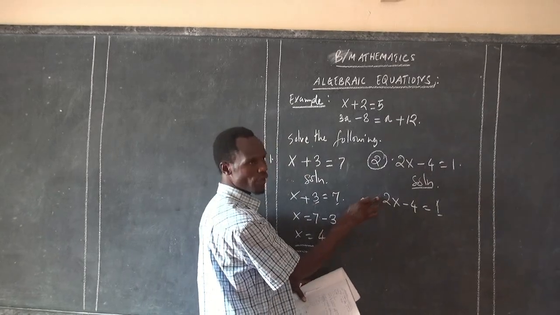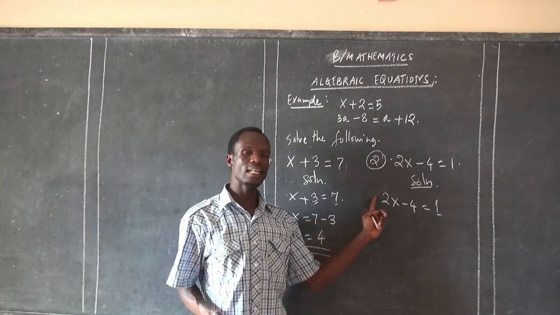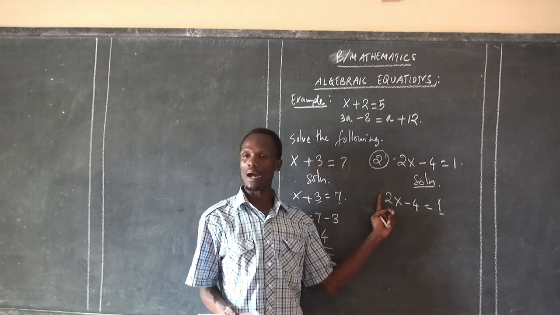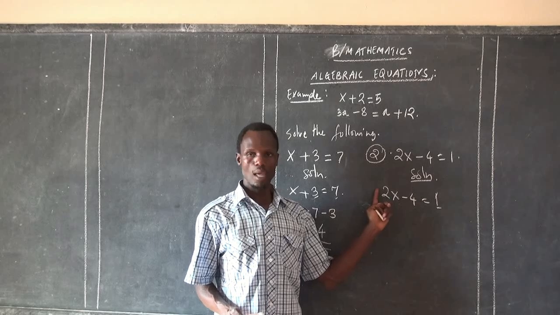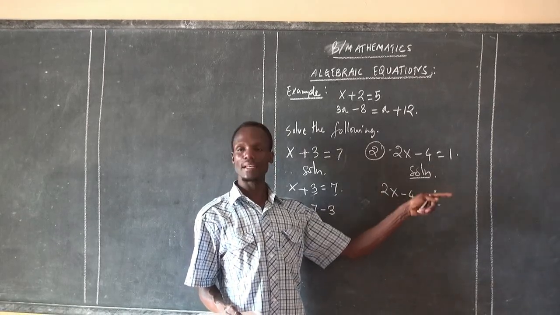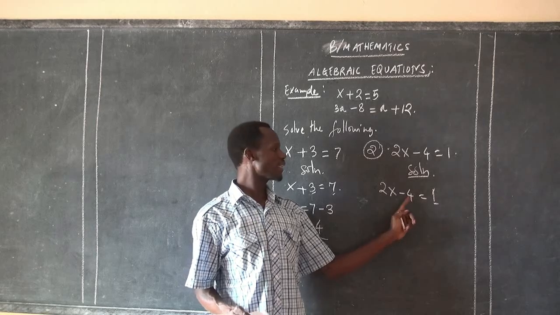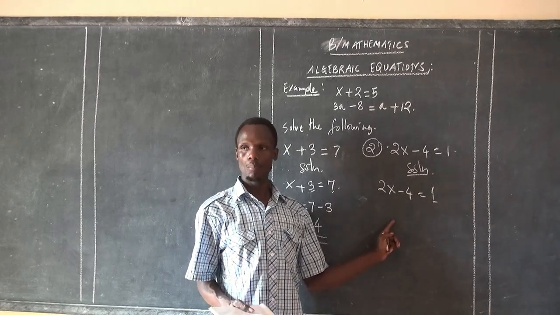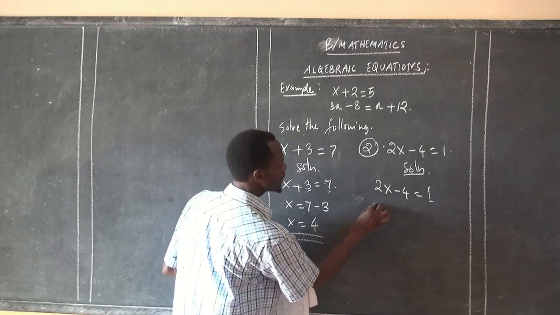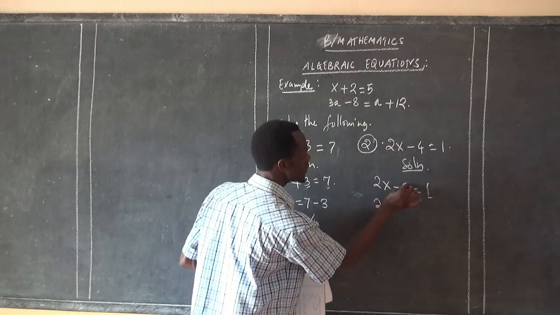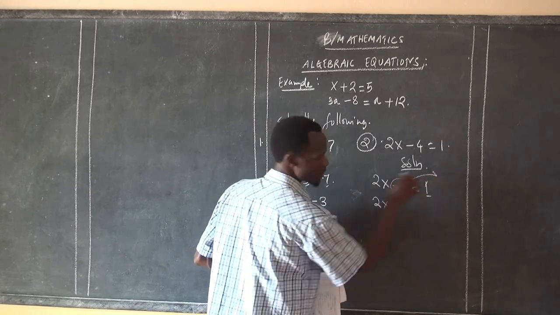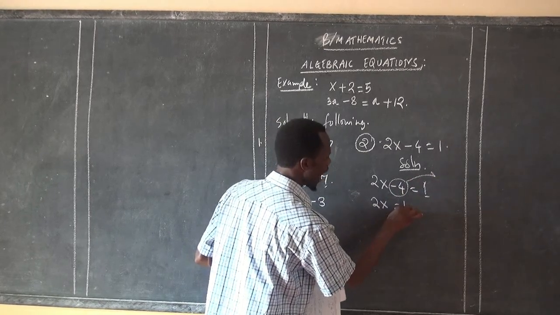Remember, this is positive. If there is no sign written behind the number, we indicate that it is positive. Now, taking positive to the other side becomes negative. And taking negative to the other side becomes what? Positive. And therefore we say this is 2x. Now, this is negative. We take it to the other side. And then it becomes is equal to 1.